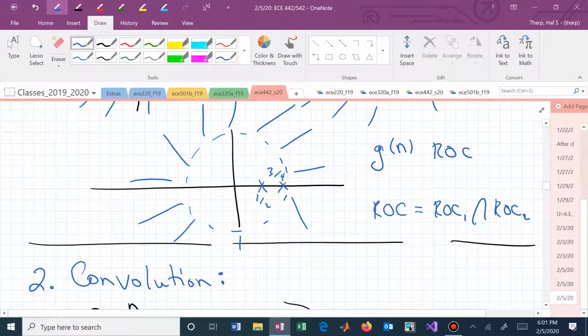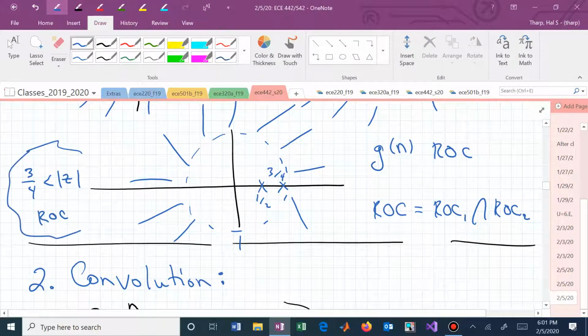I'm sorry, but this is now the region of convergence. That's what I was meaning for the region of convergence for little g. That's my sketch. It's beyond the pole at 3/4. That's property 1.